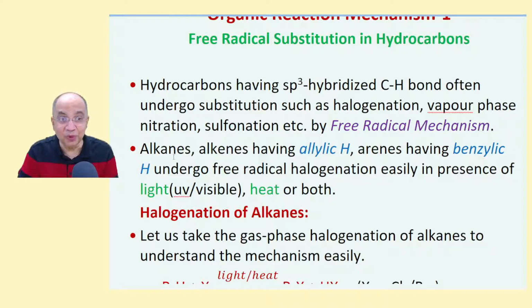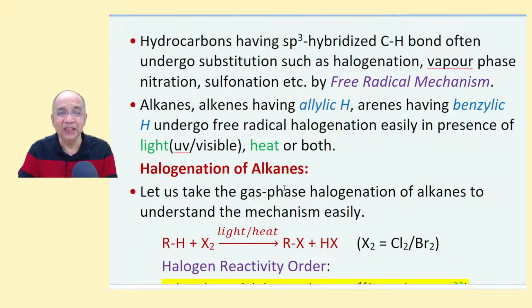Now, look once again. Alkenes having allylic hydrogen and arenes having benzylic hydrogen undergo free radical halogenation easily in presence of light, that is UV or visible radiation, or heat, or both. Now let us confine to halogenation of alkanes.